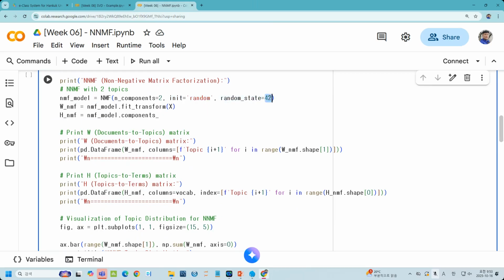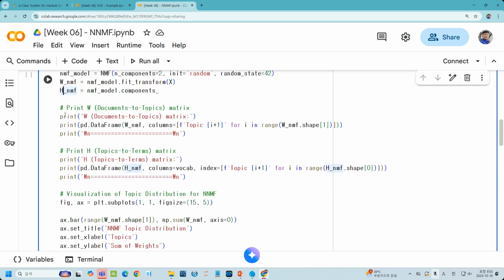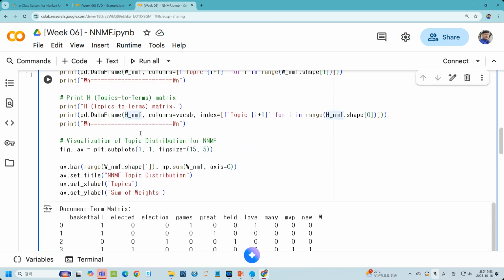Random state 42: because it is random, I hope that the result on your computer and on my computer will be the same, because we put this random state. So we can do the fit into the W and the H, and then we can just run.